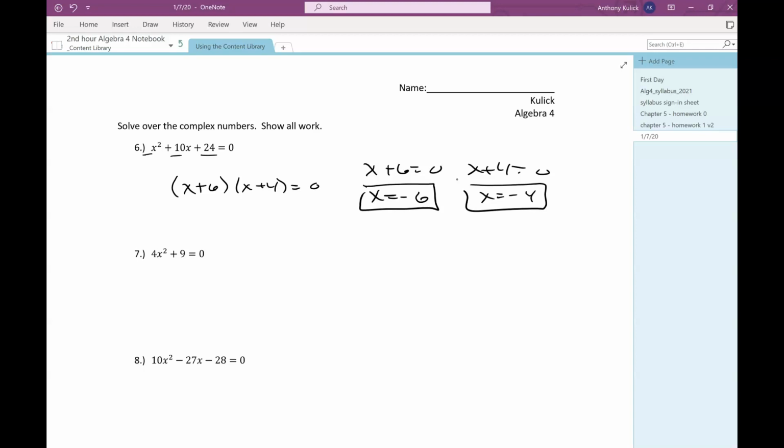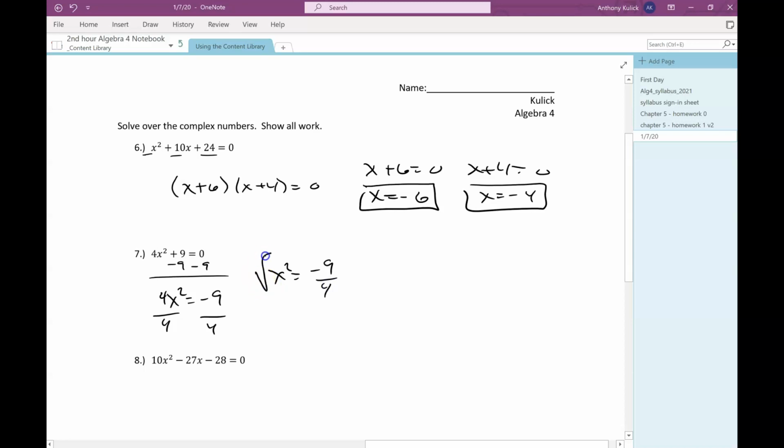Number 7 has just x squareds, but no x's, so this is a good candidate to solve directly. That's what I would do here. To do that, I'm going to subtract 9 from both sides, and then divide both sides by 4. And then we'll square root both sides.